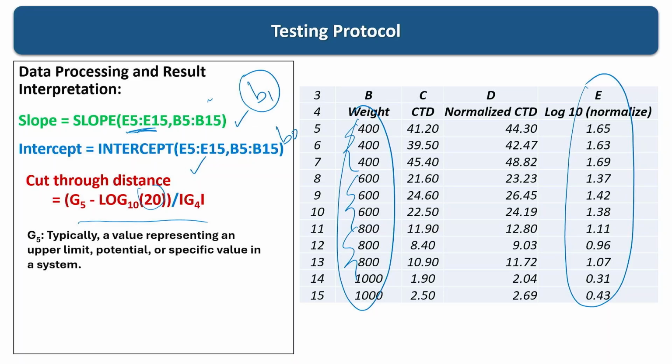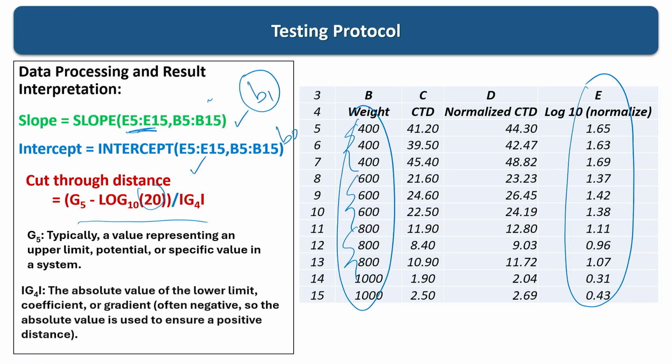G5 is typically a value representing an upper limit, that is a potential or specific value in the system, and the modulus of G4 is the absolute value of the lower limit or coefficient or gradient. It is often negative, that is why the modulus, the absolute value, is used.